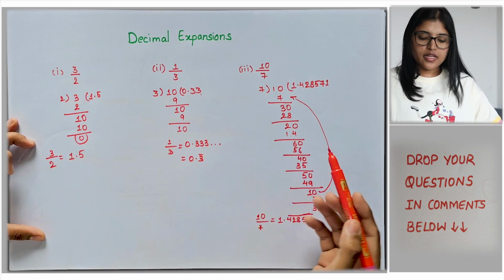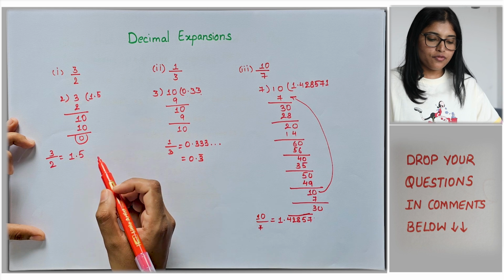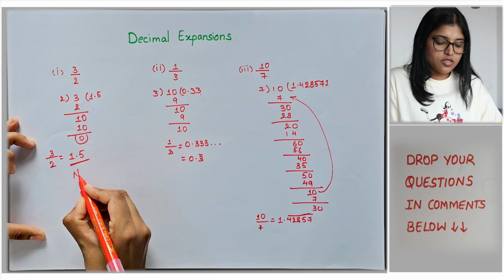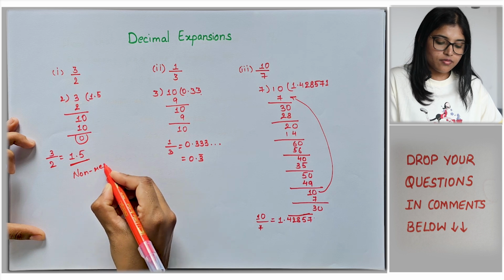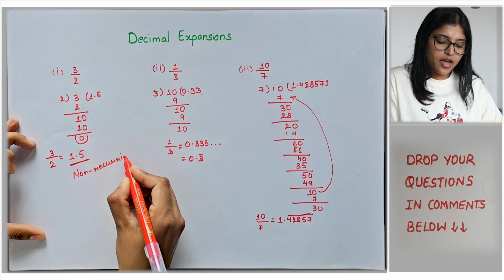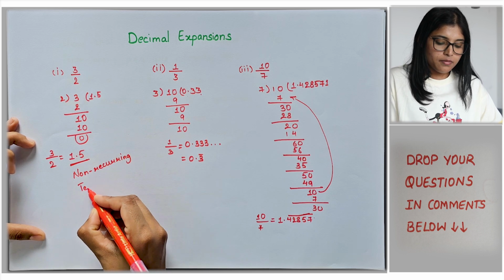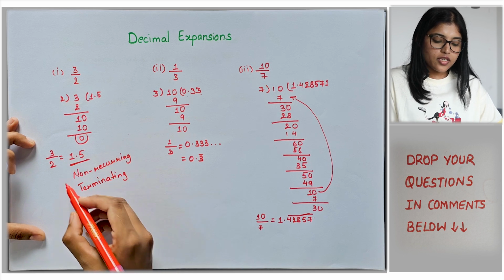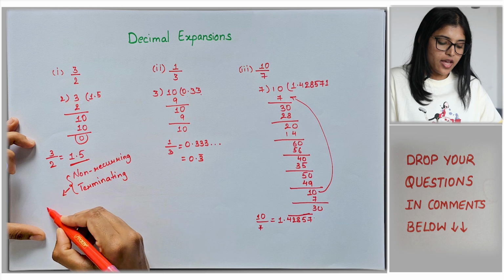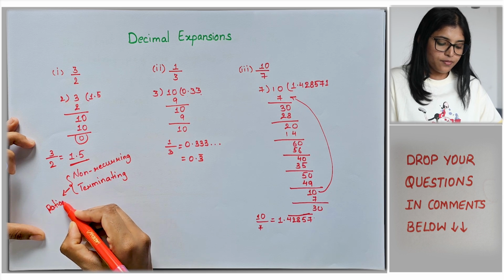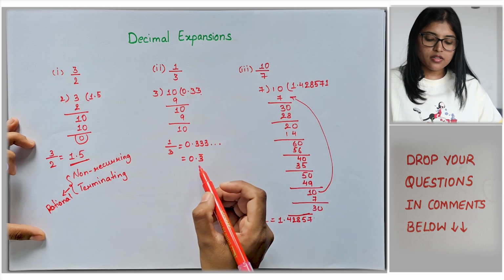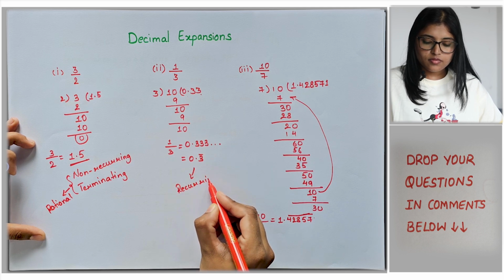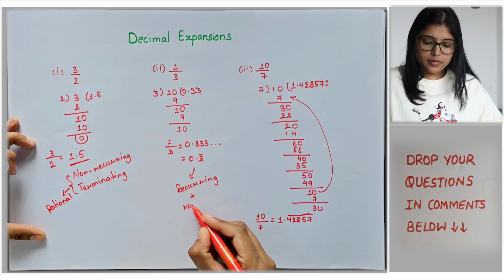So in these decimal expansions, we can see two types of numbers that we are getting as solutions. The first one, 3 by 2, is terminating and non-recurring. So this combination we call rational. 1 by 3 similarly is recurring and non-terminating.